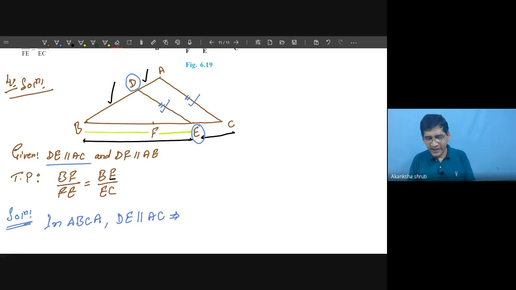Where ED or DE is parallel to AC. So from here we can write the ratio like BD by DA is equal to BE by EC, or BA by AD is equal to BC by CE. But which ratio I shall write? Again, for that you shall take the help of what is to be proven, in which ratio is to be proven.